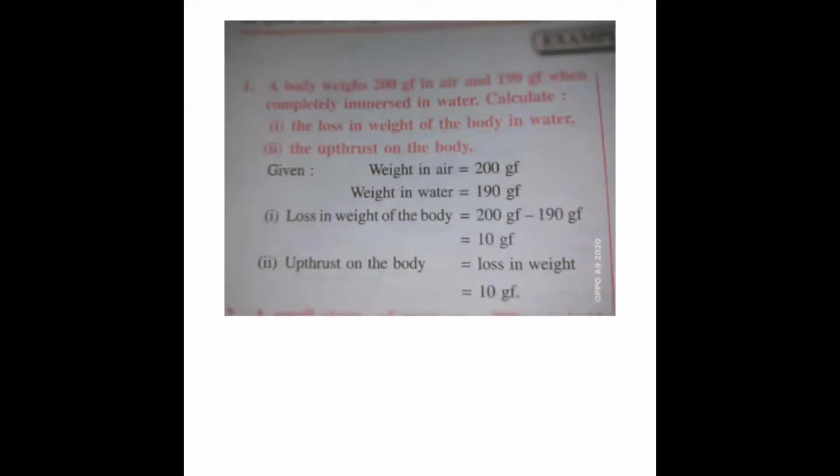So you see a numerical. These numericals are based on the topics I have just explained. A body weighs 200 gram of force in air and 190 gram of force when completely immersed in water. First we have to note down the weight in air, that is 200 gram of force. Weight in water is 190 gram of force. When that object is immersed in water, what will be the loss of weight?